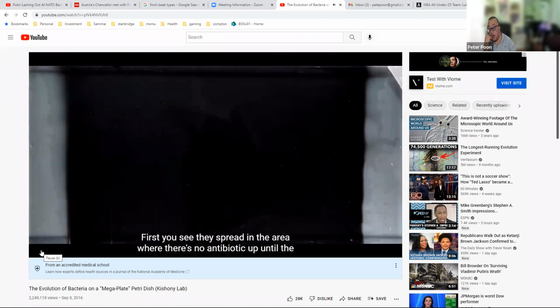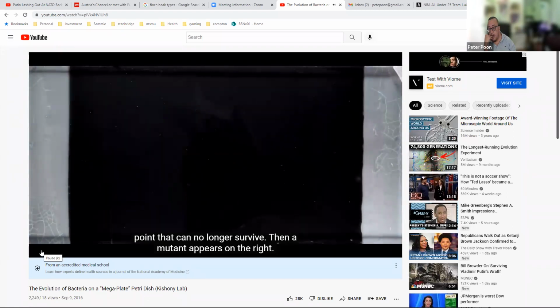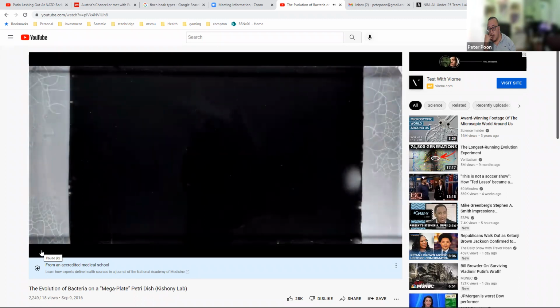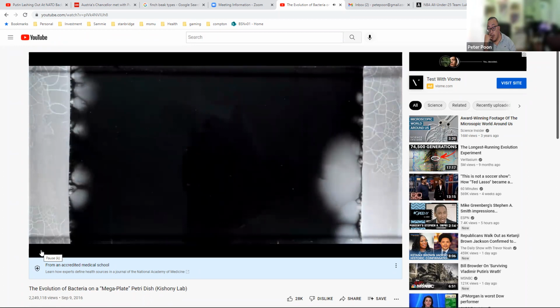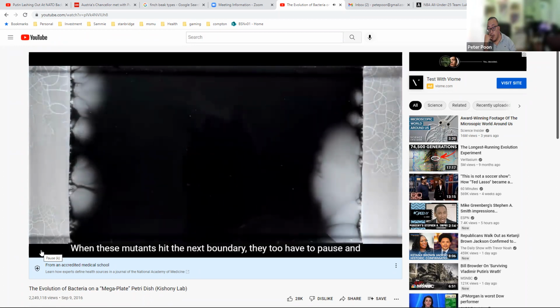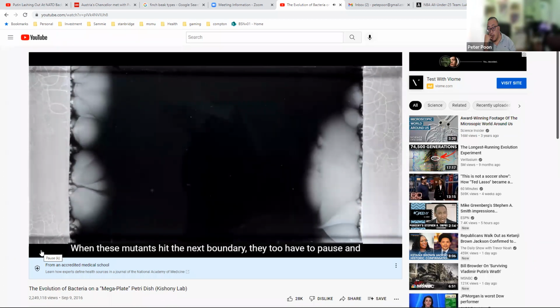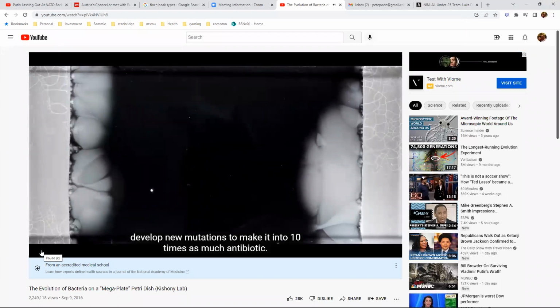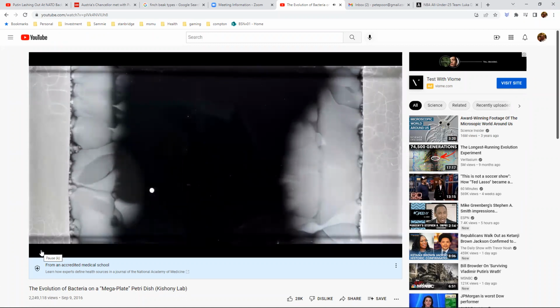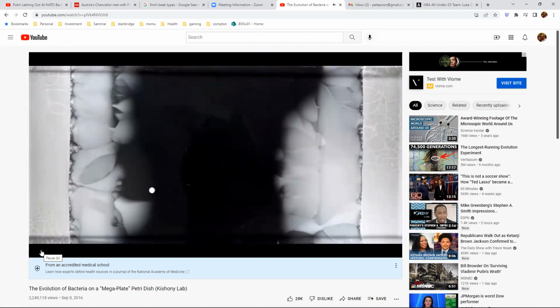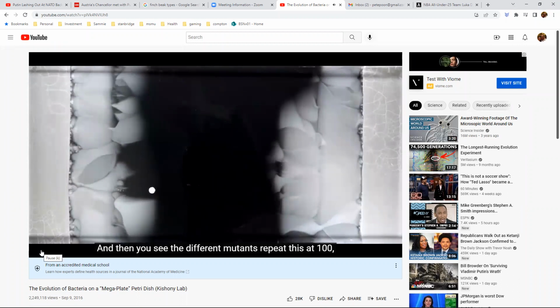First, you see they spread in the area where there's no antibiotic, up until the point they can no longer survive. Then a mutant appears on the right. It's resistant to the antibiotic, it spreads, until it starts to compete with other mutants around it. When these mutants hit the next boundary, they too have to pause and develop new mutations to make it into 10 times as much antibiotic. Then you see the different mutants repeat this at 100.